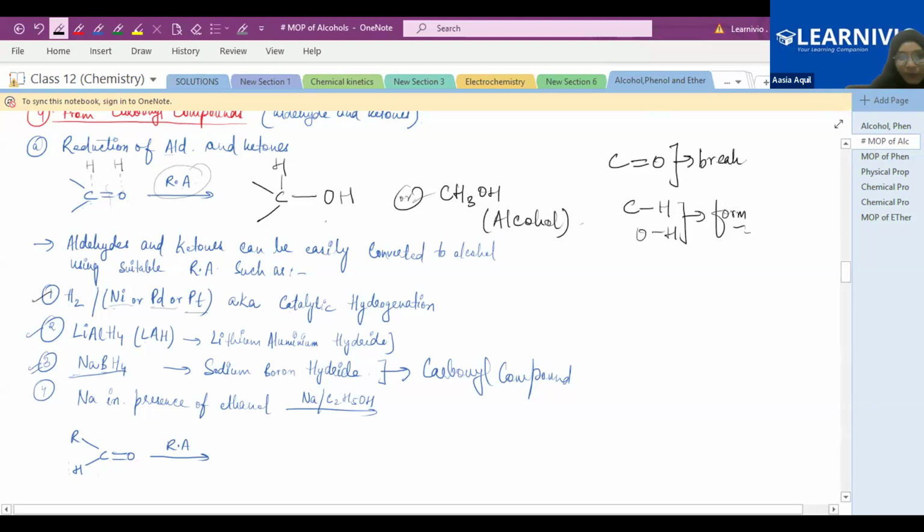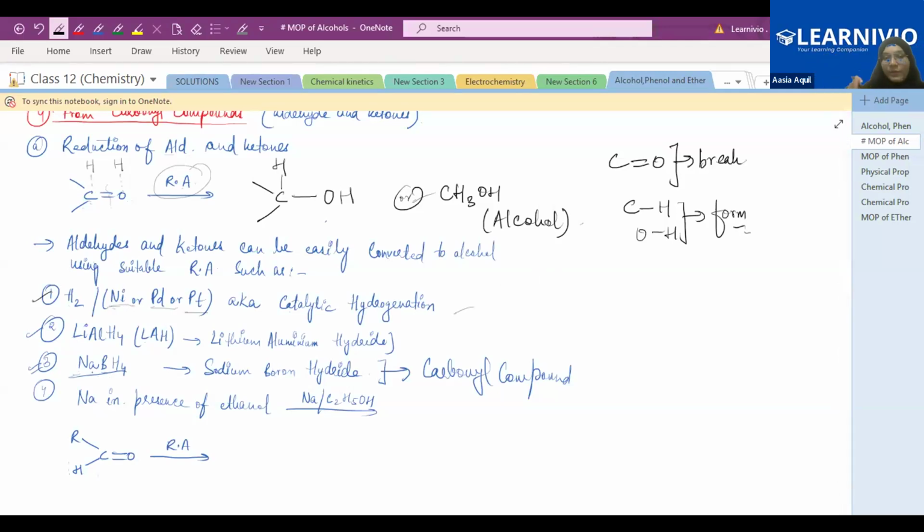So first one, which reducing agent can you use? H2 in the presence of any catalyst like nickel, palladium, or platinum. So first, do catalytic hydrogenation. The carbonyl group will be reduced to the corresponding alcohol. Second, you can use a strong reducing agent, which is lithium aluminium hydride.